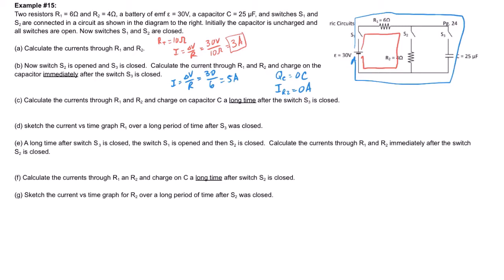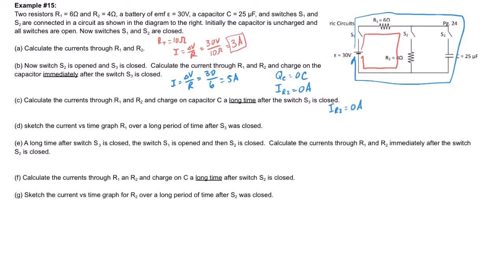Now, letter C says, calculate the currents through R1 and R2 and the charge on capacitor C a long time after switch 3 is closed. So still same situation, 2 is open, 1 and 3 are closed. Now what that means, still no current going through R2, right? That still has to be 0.